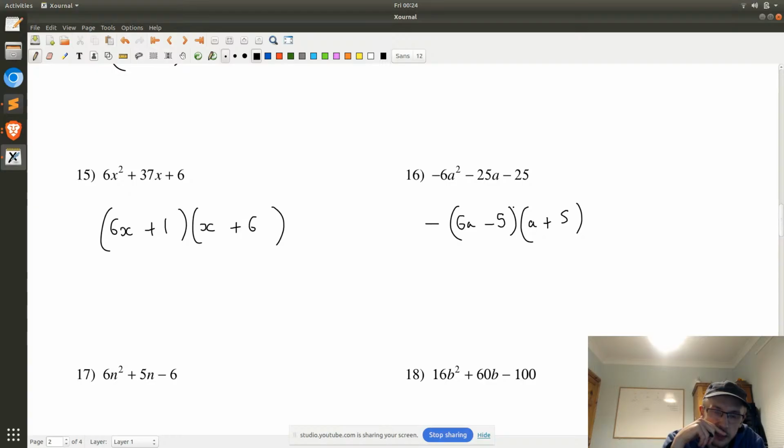But when you distribute the minus, it doesn't work. Slow down. B squared is 625. Take away 24 times 25. Well, that gives us 25. So it is factorizable.